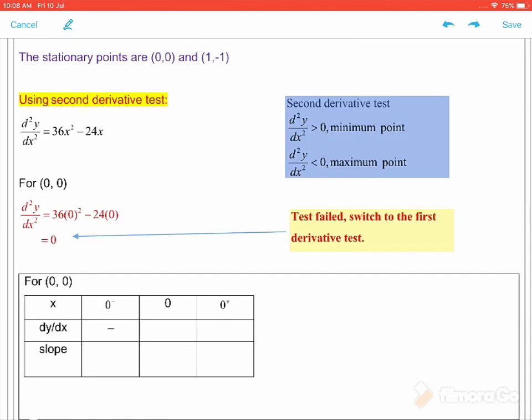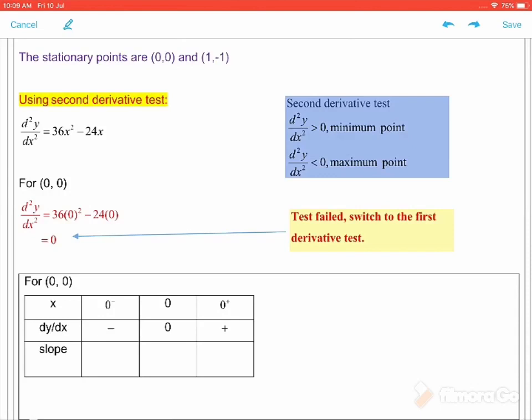When we substitute 0 into our dy dx, we will get 0. When we substitute 0.5, you will get positive. Remember, don't substitute an x which is too far from the point that you want to test.